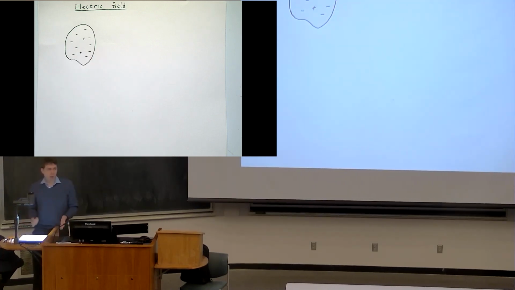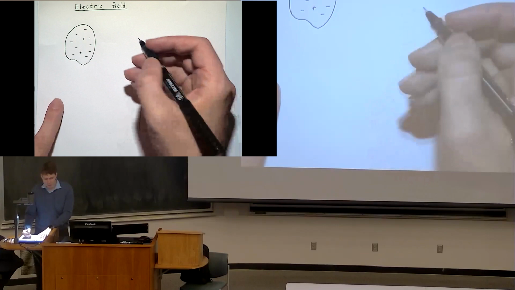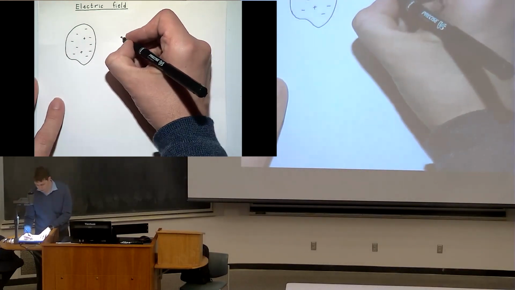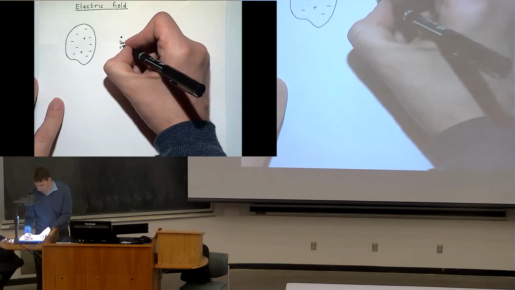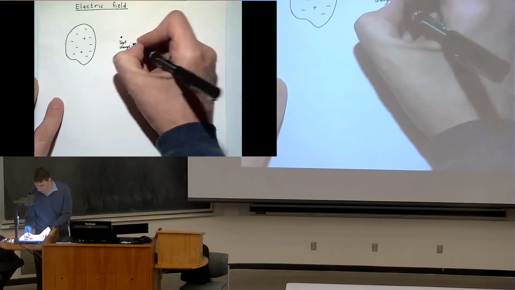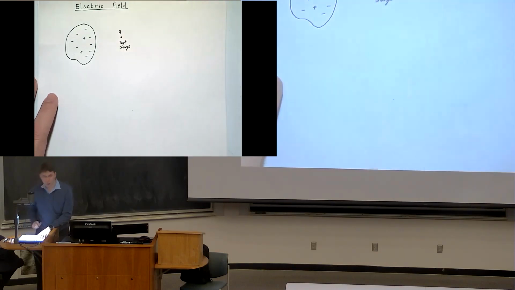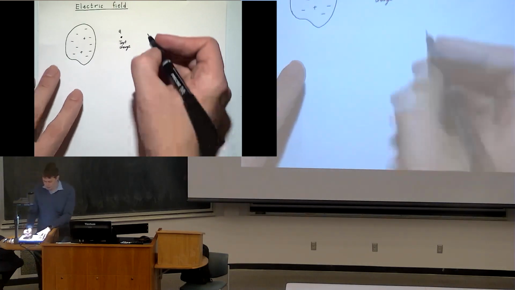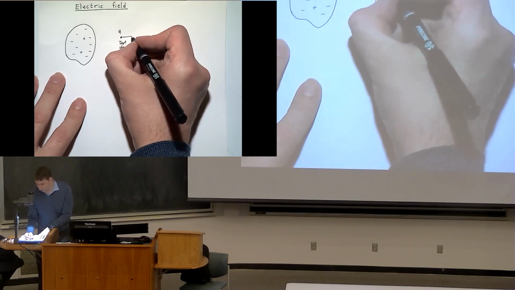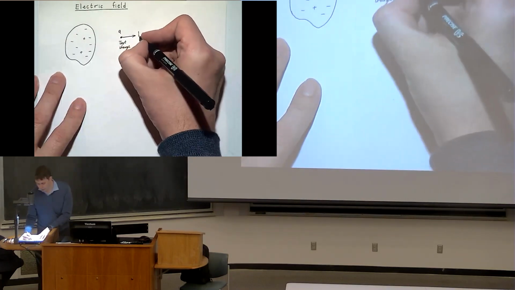And the way we probe the ability of this charged object to interact with charges is bringing a test charge. So this is a test charge Q. Once we place it near the object, it will experience some force acting on it, force F.